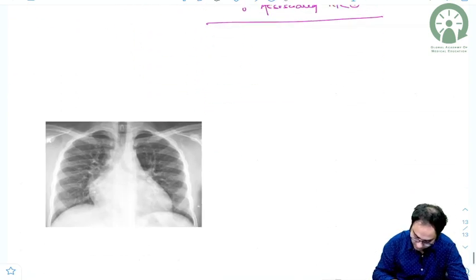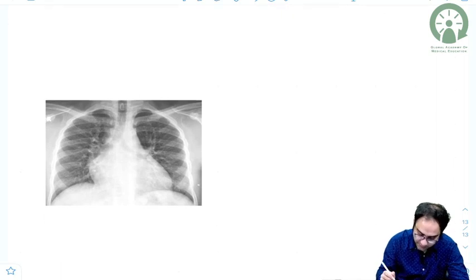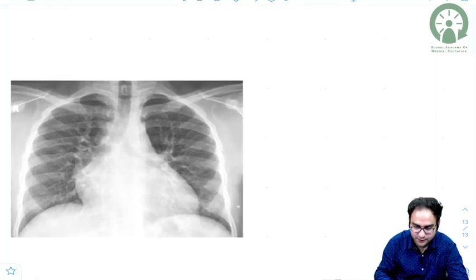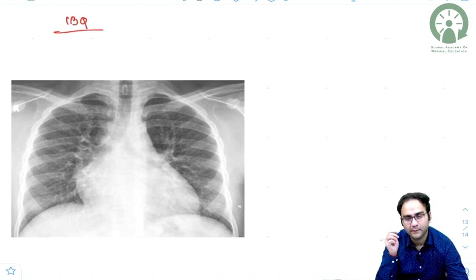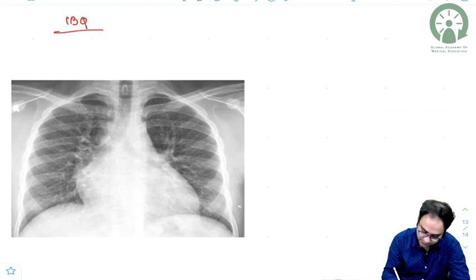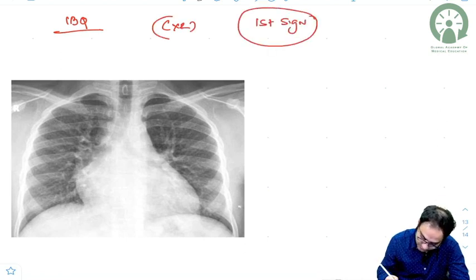Okay. Now, the hot topic area from where you get all the questions. You will get this image based question for mitral stenosis. You get the CXR. Now, what is the first sign that you get? The first sign you get is straightening of the left heart border.